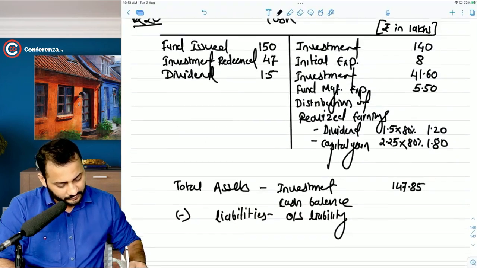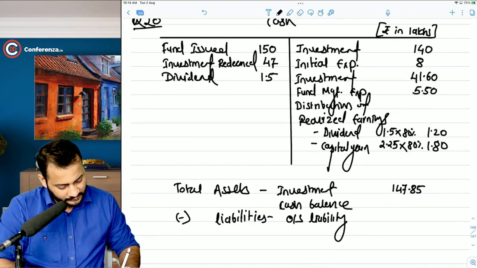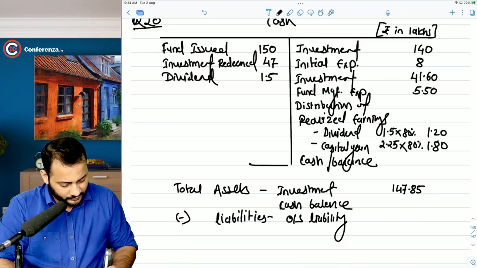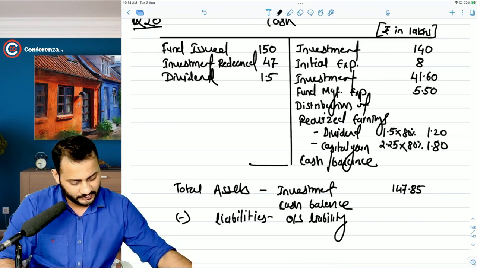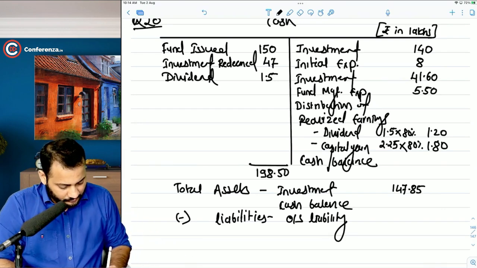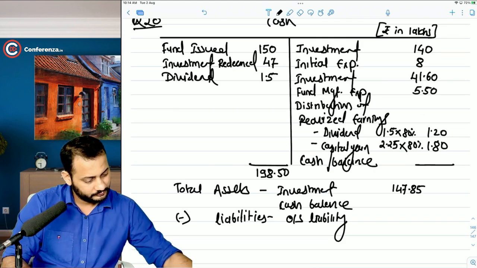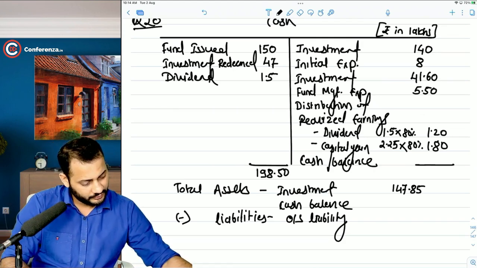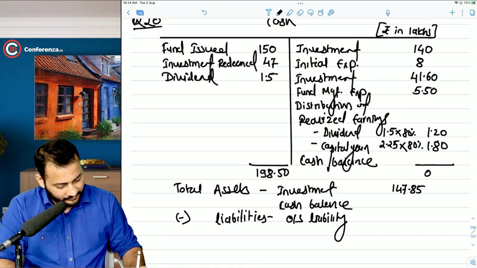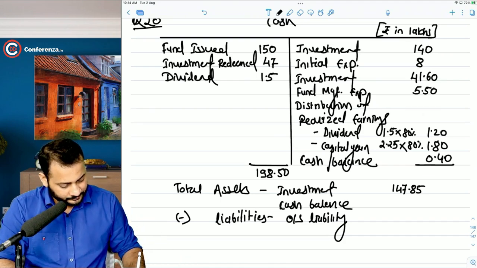Let's do the total of the cash balance. We will just write it down here. Cash balance. The total of this side is 150 plus 47 plus 1.5. That's 198.5. Minus 140, minus 8, minus 41.60, minus 5.5, minus 1.2, minus 1.8. So the only balance left is 40,000 rupees.